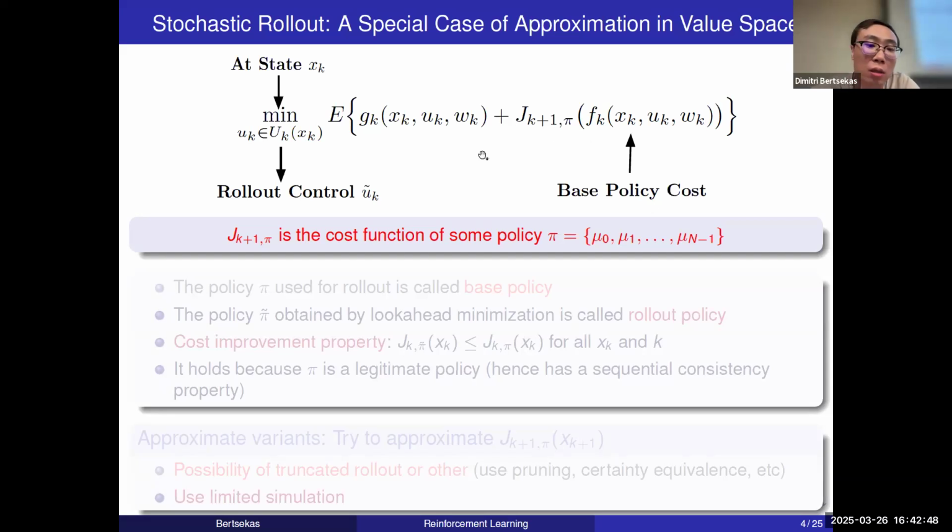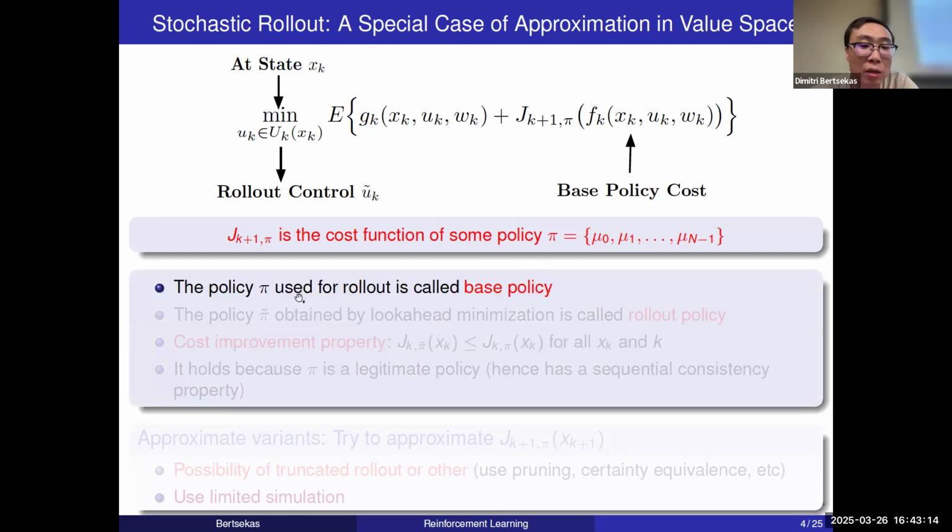Unlike the deterministic case, where for rollout we use a function H, which represents the cost of a heuristic, here we directly restrict it to the cost function of a policy we call the base policy. So the policy π used for rollout is called a base policy.